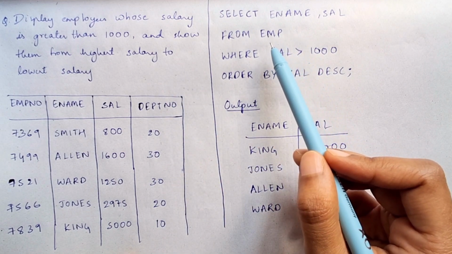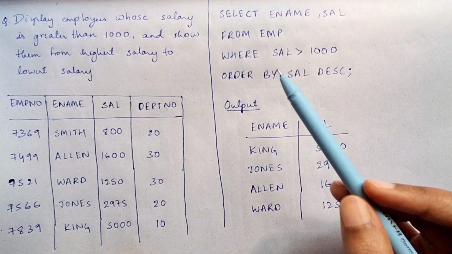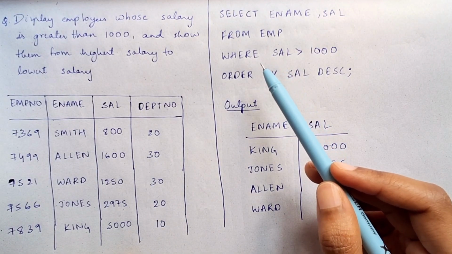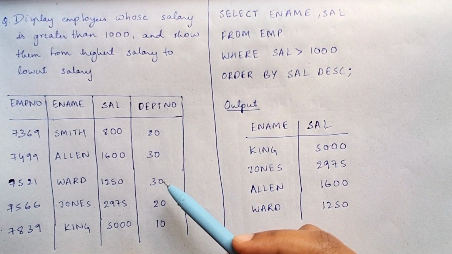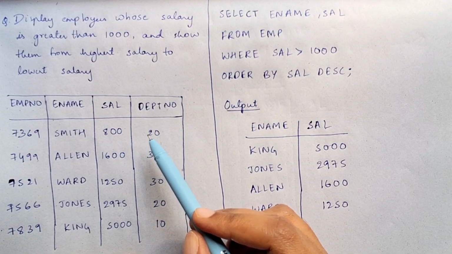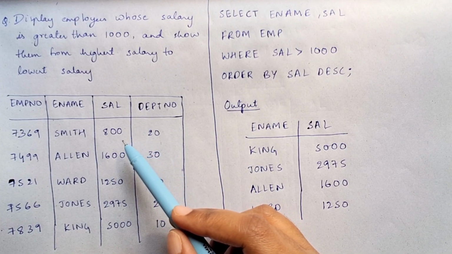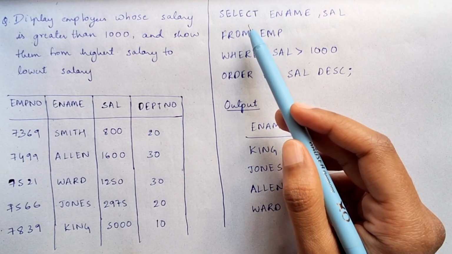From EMP, SQL goes to the EMP table and then the where clause executes. It checks the condition sal greater than 1000 and filters the records, and during this time Smith is removed because his salary is 800 which is less than 1000. Next, the select clause will execute.